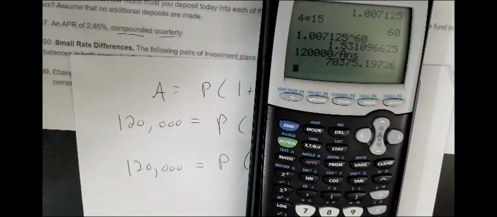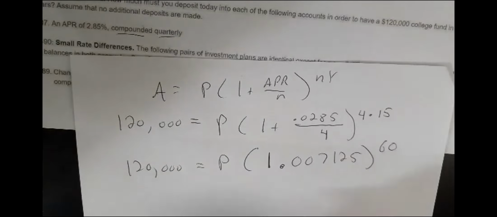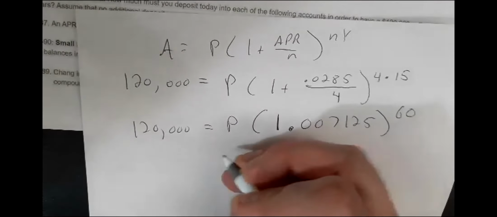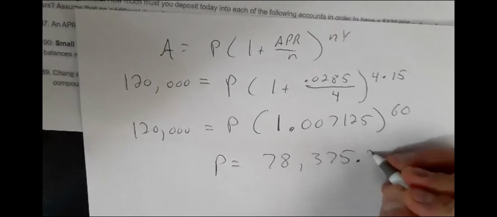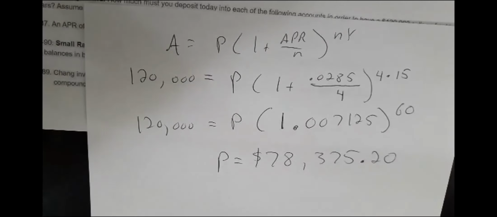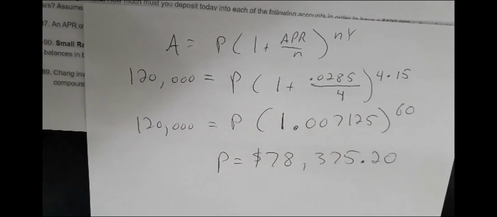So it looks like this is the principal that I'm getting. 78,375.20 if I round that up. Yep, that's it.